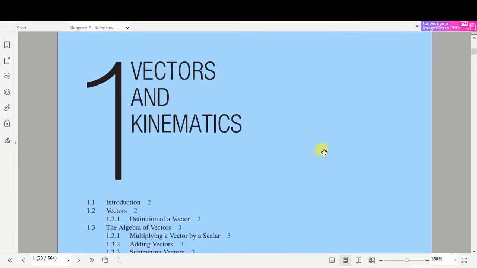My previous videos were about what this Kleppner and Kolenkow book is, what the preface says, why we are using this book, and what the contents were. We talked about many things while introducing this book. So today, to be specific, I will write something, and let's start with vectors and kinematics.